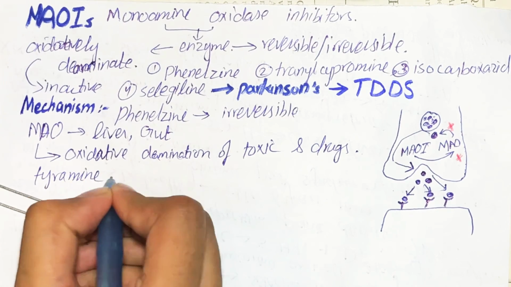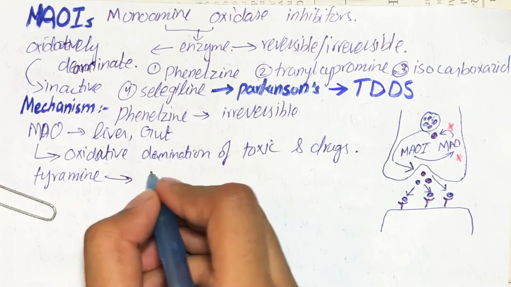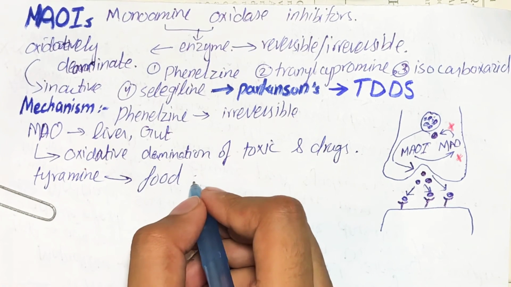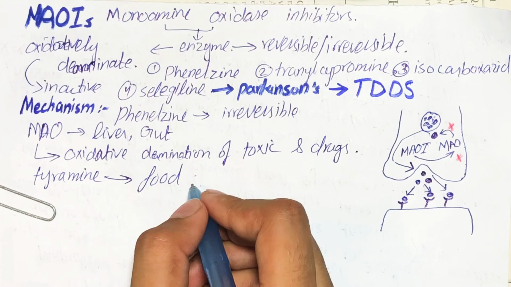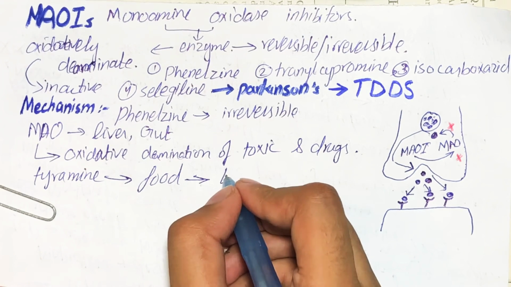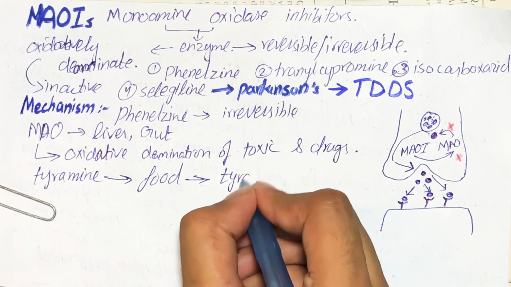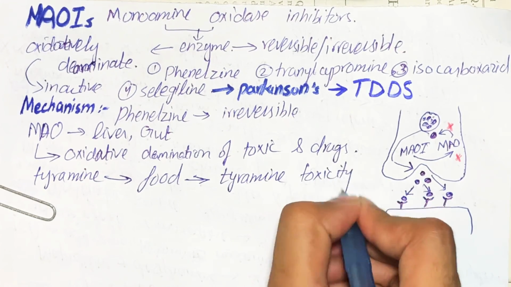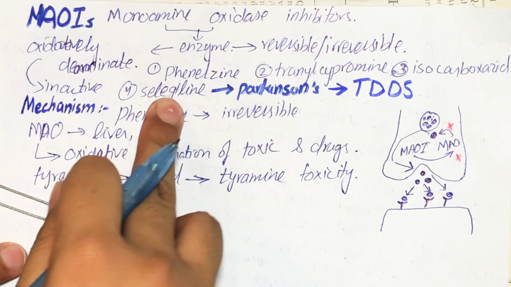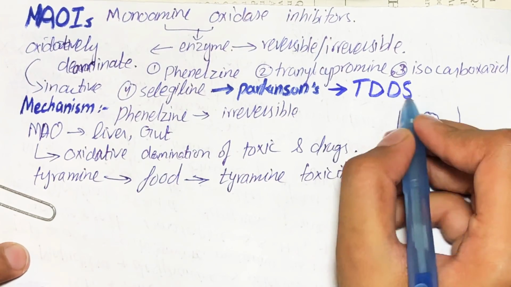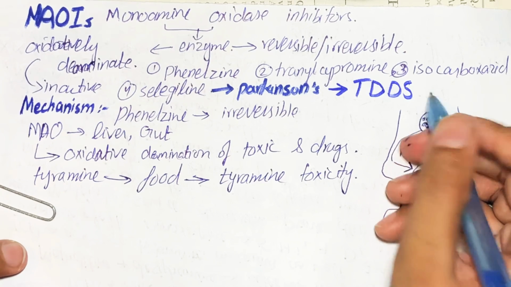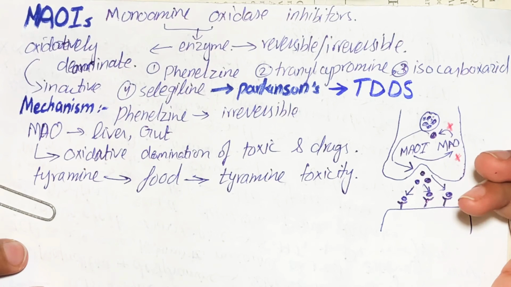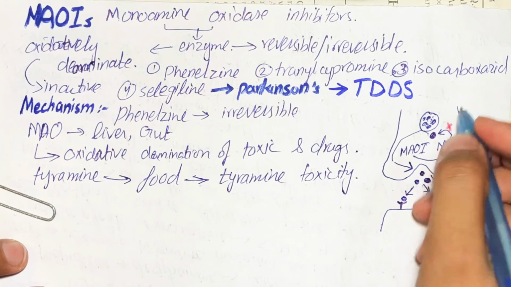Tyramine is a common substance present in certain foods. When this substance is increased inside the body, there is a toxicity build-up inside the body called tyramine toxicity. Whereas selegiline, which is present in TDDS form, that is transdermal drug delivery system, is applied as patches on the patient's body.